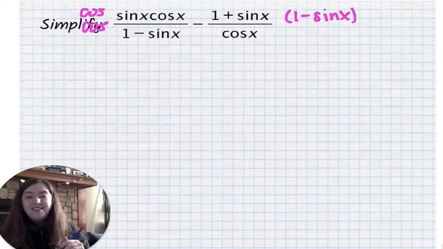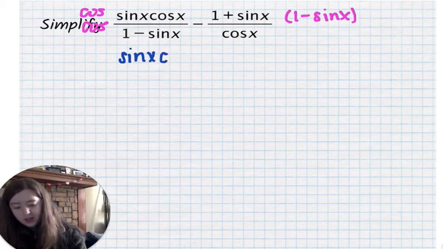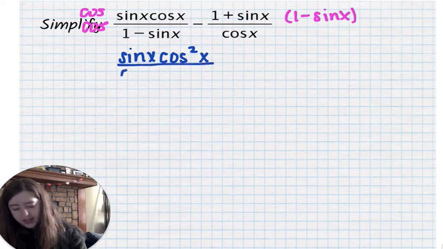Cosine times sine cosine, I'm going to have sine, and then cosine times cosine is cosine squared, over, and I'm going to keep that as cosine times 1 minus sine. I'm not going to multiply it out.